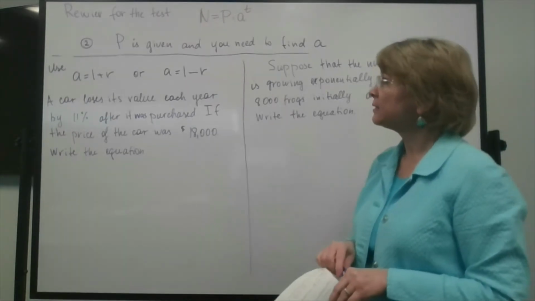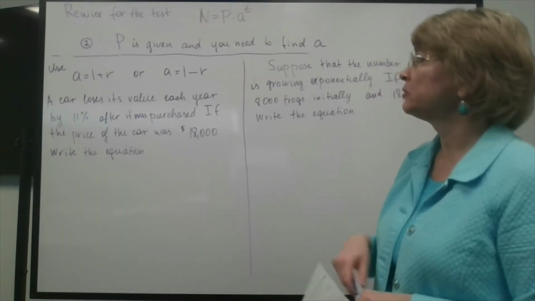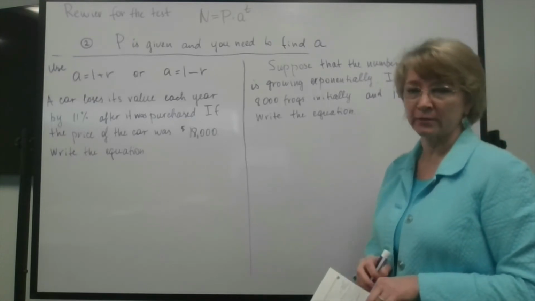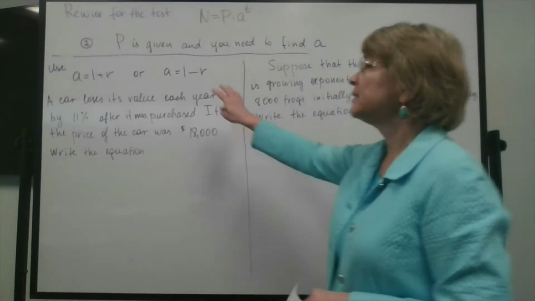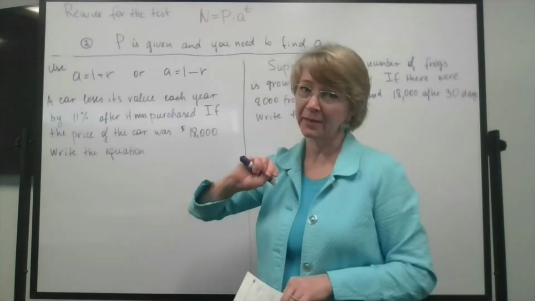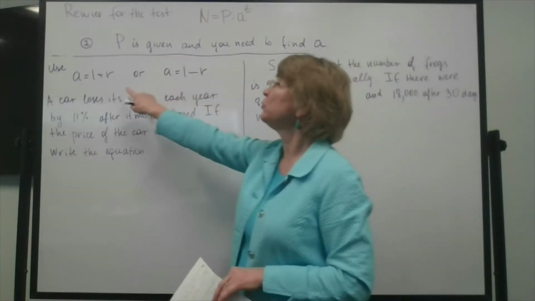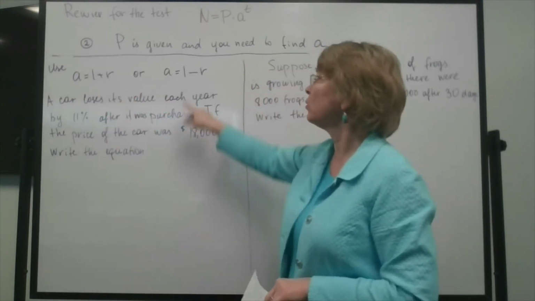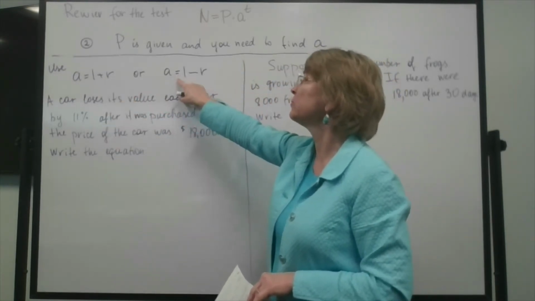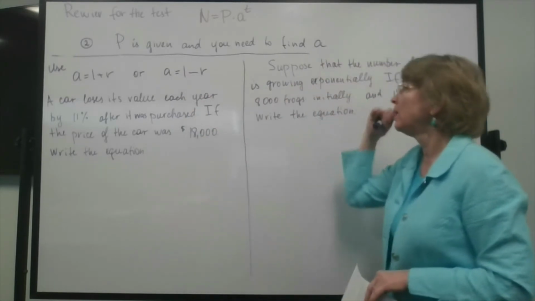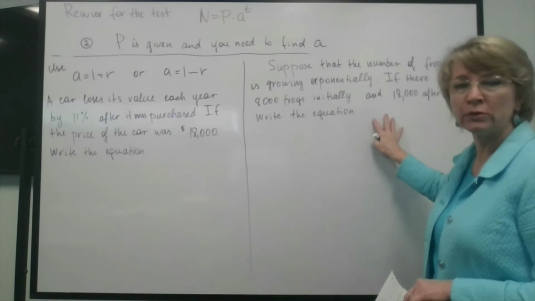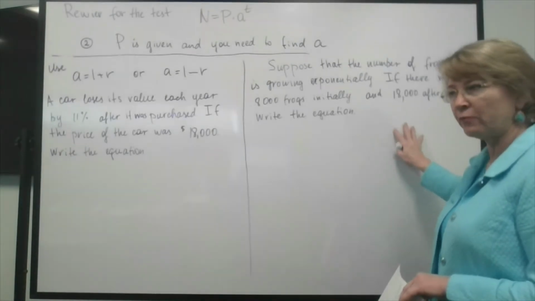Let's review the second case when the initial value is given to you and you need to find the factor. In this case, there are two cases. One, when you need to use the formula A equal to 1 plus R or formula A equal 1 minus R. And second case, when you need to use 2 points and find a different formula.